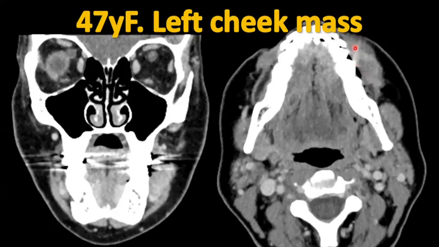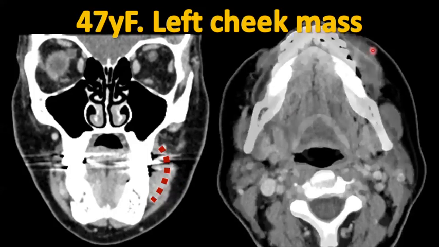But this is not going to invade the bone here. Where it will invade the bone is when it comes down the buccinator and where the buccinator actually inserts onto the mandible itself. In this case, it started down low and was growing up along the buccal surface.